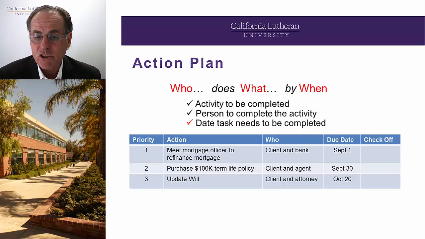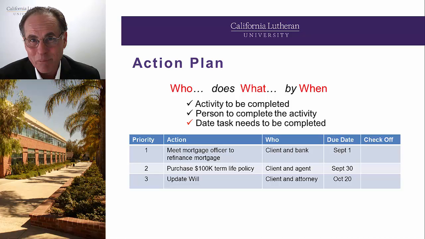Numerous studies have shown that the most successful people have clearly defined goals, and they put those goals into writing. The to-do action list is an important element of the written plan because it gives power to the implementation phase. It clearly defines who does what by when.